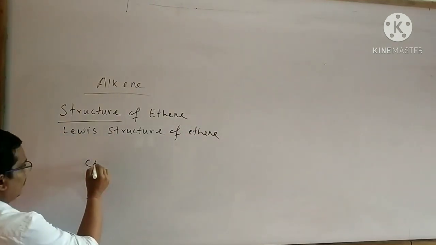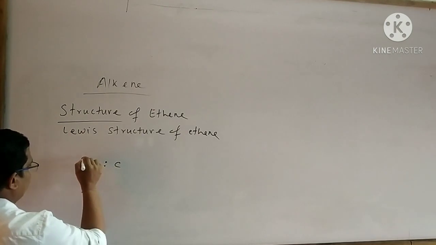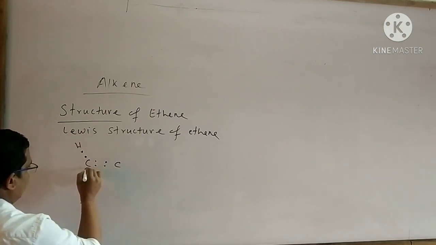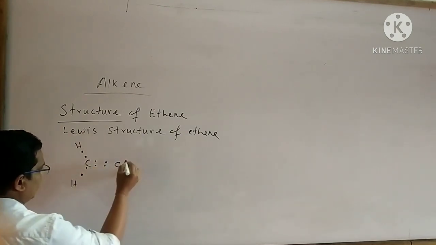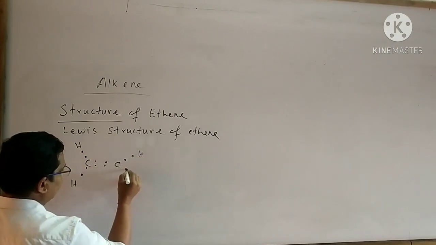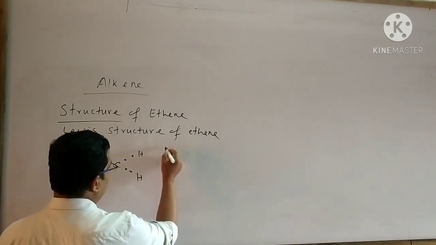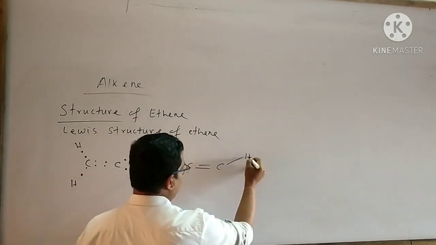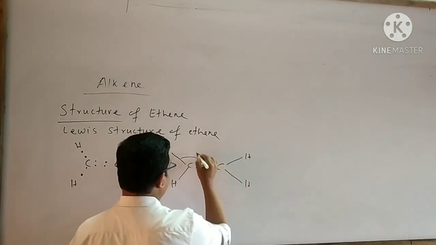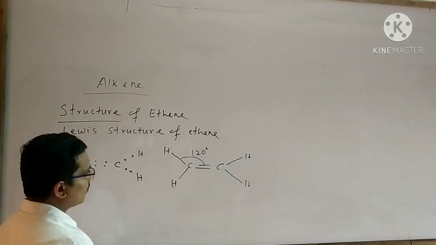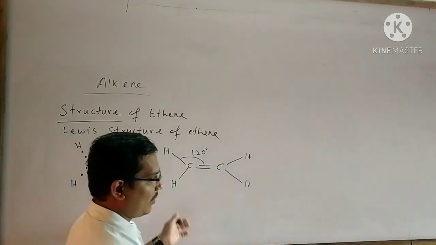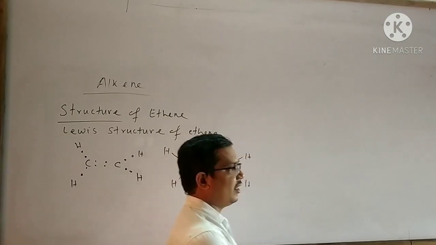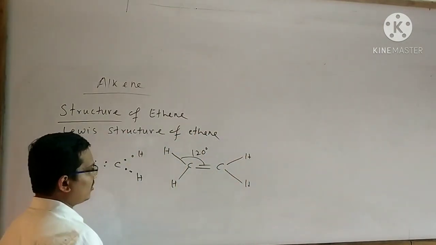This is the Lewis structure of ethene, which can be drawn like this. Here the angle is 120 degrees. The structure of ethene is generally trigonal planar.